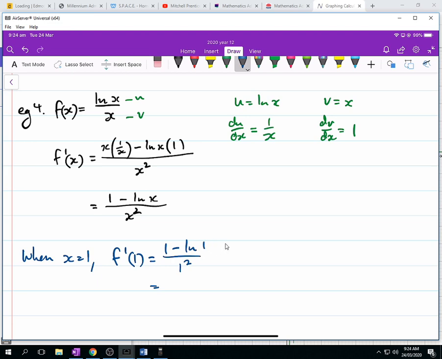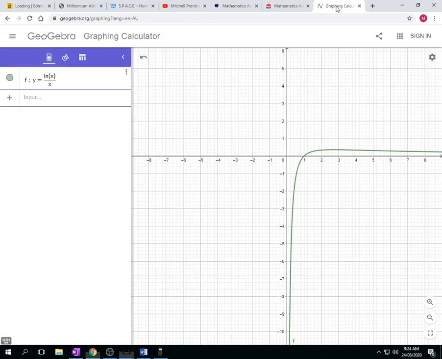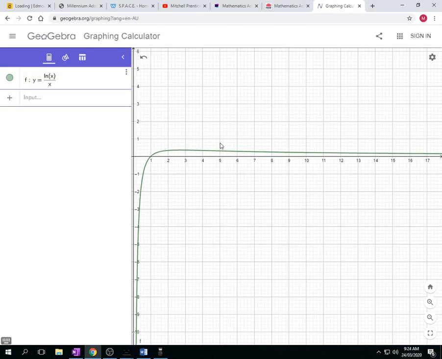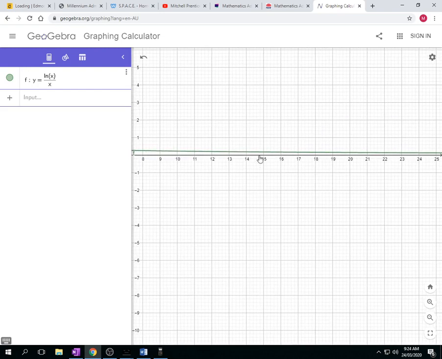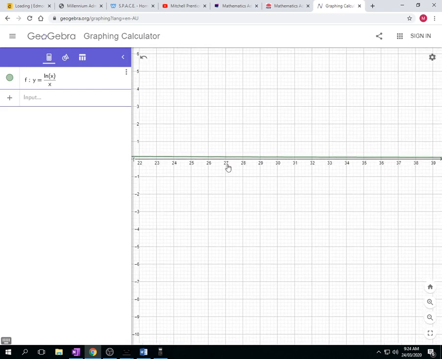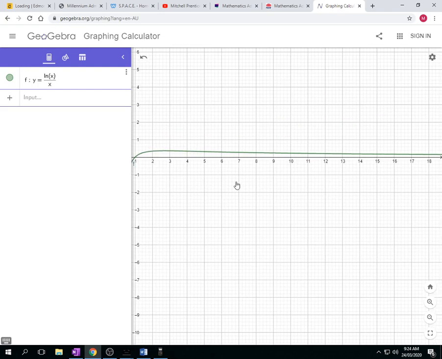So e to the power of what gives you 1? Anything to the power of 0 gives you 1, and that's why this is just 1. So the gradient of our function is 1 at that point, and then look how the gradient gets negative, but it's a pretty small number as we go along.